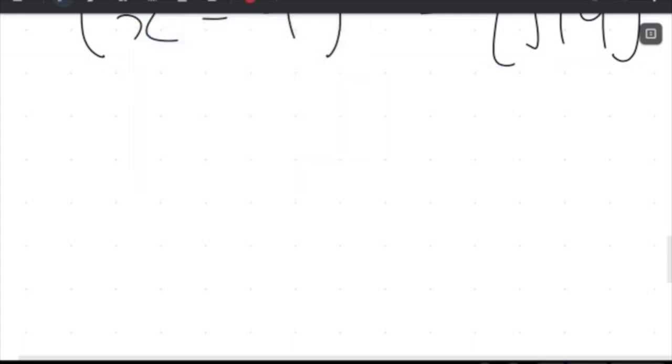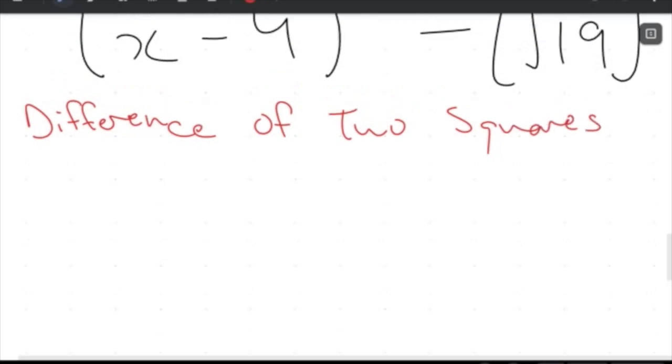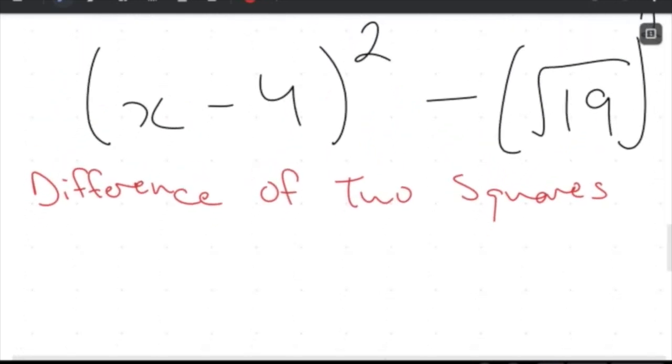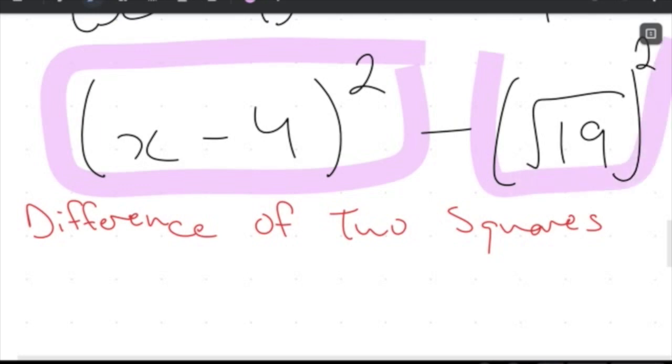And here, what we have is a difference of 2 squares, which we know how to factorize. It's just going to be the square roots of both of these terms, this and this. And in my brackets, when I factorize, one of those is going to be positive, one of those is going to be negative.